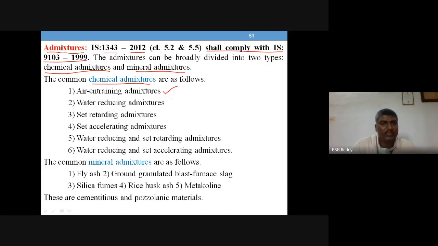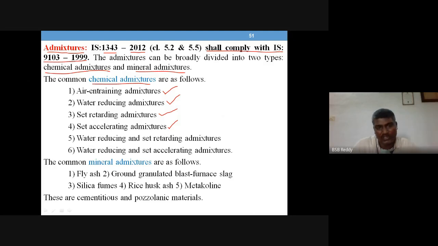Air entraining admixtures, water reducing admixtures, set retarding admixtures, set accelerating admixtures. Set accelerating means speeding up the setting time, and set retarding means slowing down the setting time.